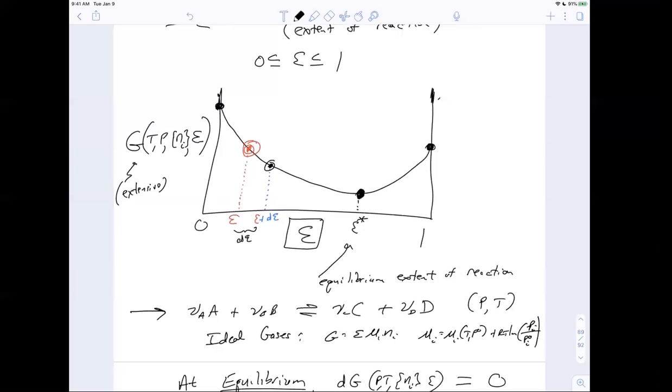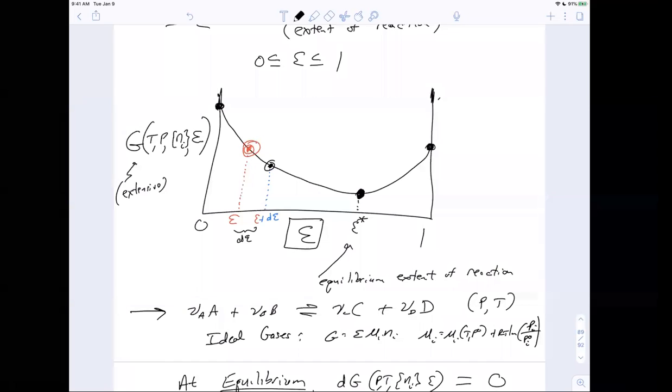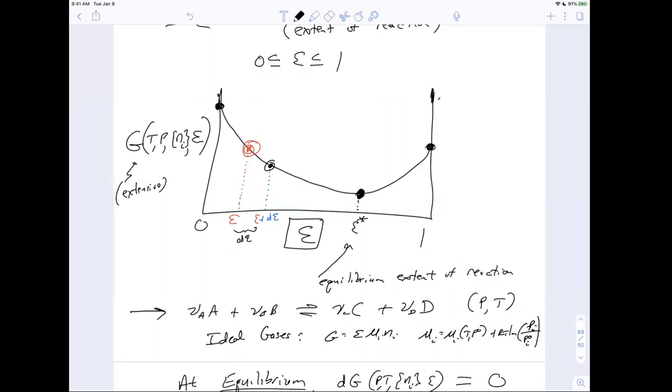And often we'll choose it to be 1 bar. Because we know what the chemical potential of an ideal gas is in a mixture of ideal gases, which I've just shown you at the bottom there, and we know that G is the summation of the product of mu_i and n_i, we can use these two things in addition to the fact that dG/d epsilon is equal to 0 when we reach this point. So at this point, we see that dG, which is a function of epsilon among other things, d epsilon is equal to 0. Okay.